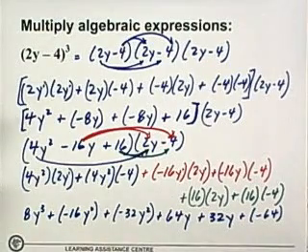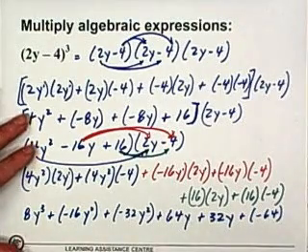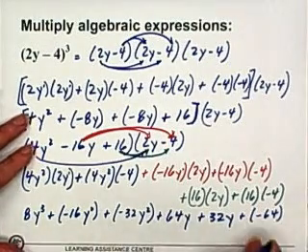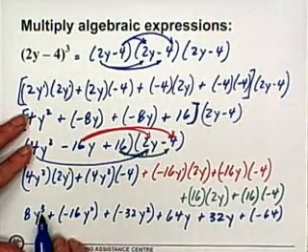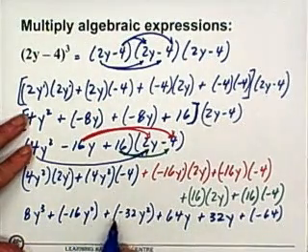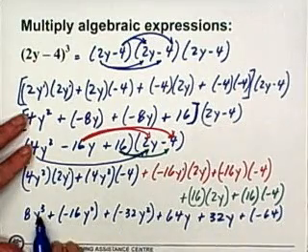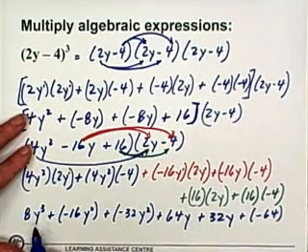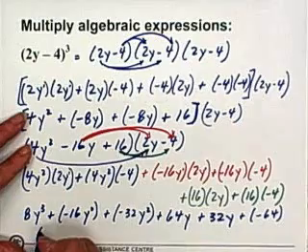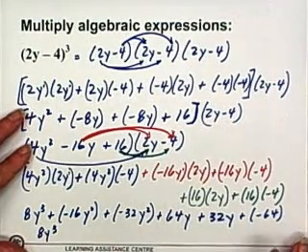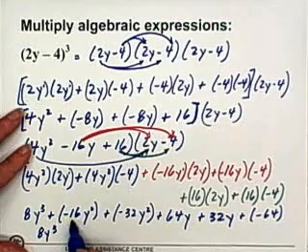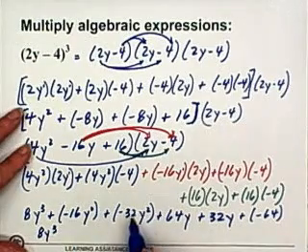Now, let's see if we can add this all up now and have a final line here. We have no other y cubes. So the only term that's like this is 8y cubed, so we can just write it as 8y cubed. We have a y squared and a y squared.